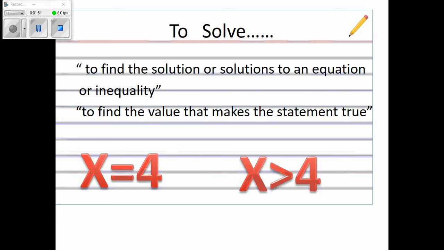That means anything greater than 4 is a solution. 5, 10, 300, 75,000. Those are all the values. So there's multiple answers to that inequality. Okay, let's solve a couple of each and see the difference and remind you about how to solve equations and inequalities.